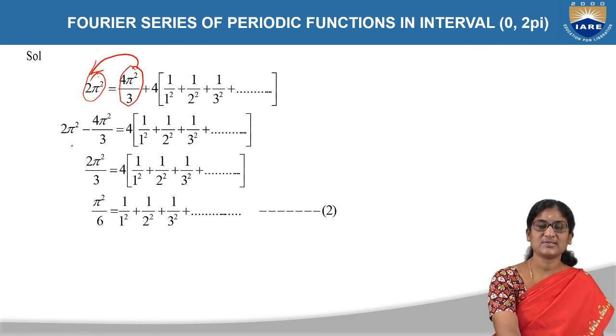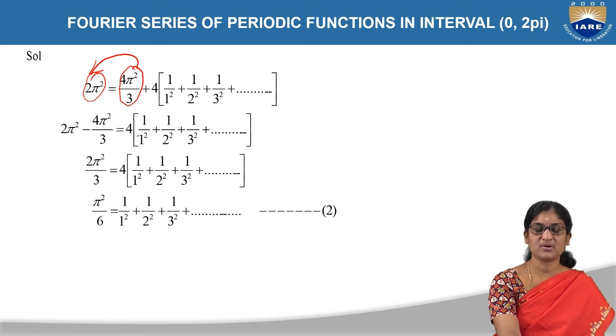So we get 2 pi square minus 4 pi square by 3 is equal to 4 into 1 by 1 square plus 1 by 2 square plus 1 by 3 square, and so on. After taking LCM, 6 pi square minus 4 pi square, that is 2 pi square by 3, is equal to 4 into the term inside the bracket, that is 1 by 1 square plus 1 by 2 square plus 1 by 3 square.